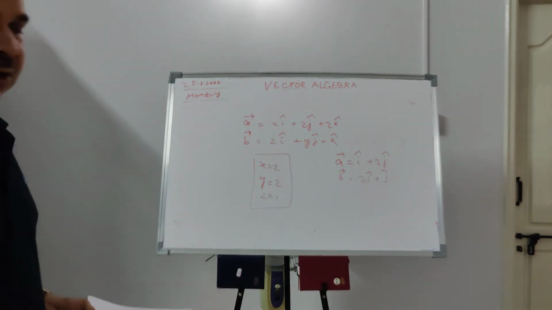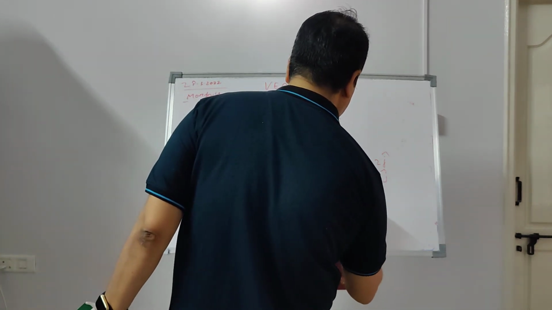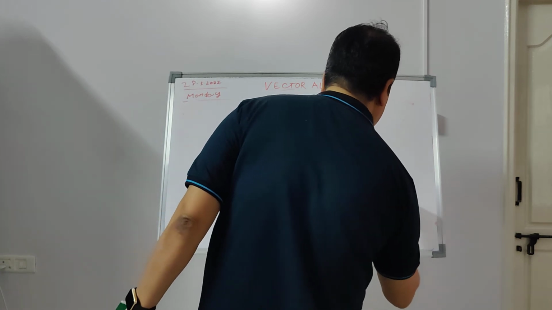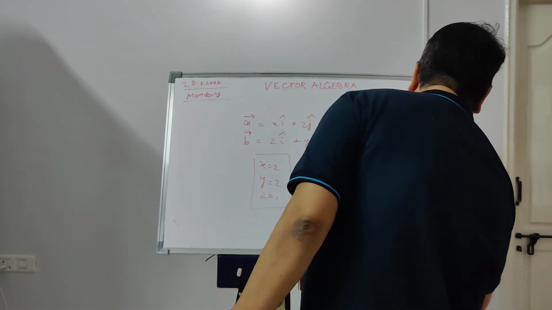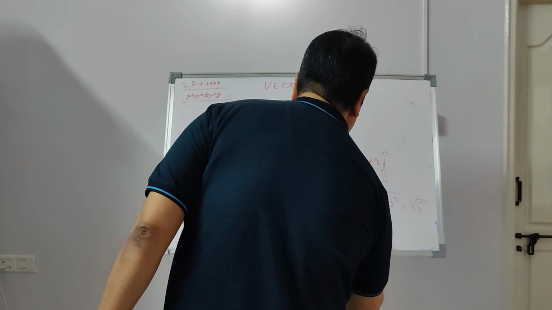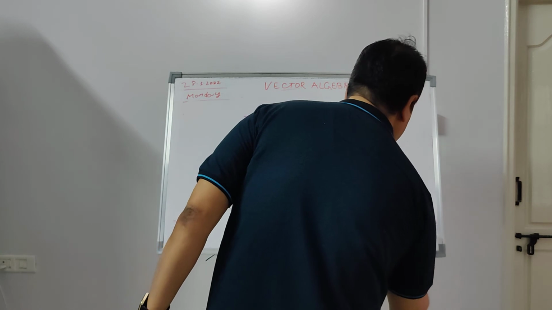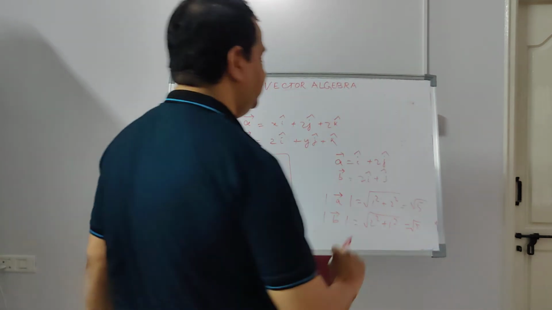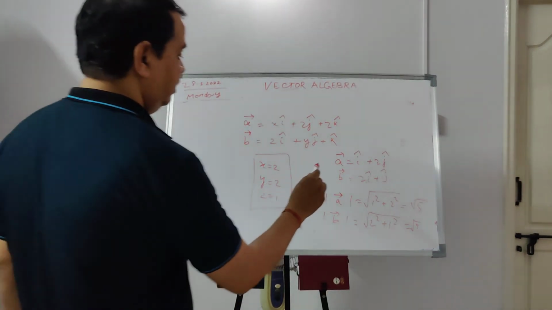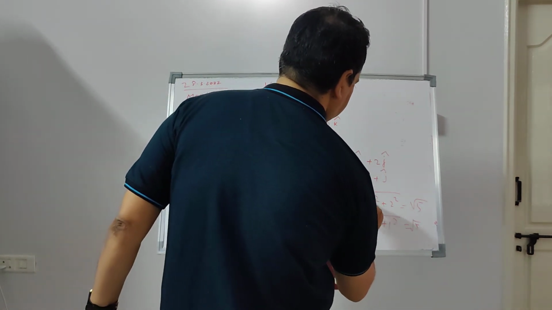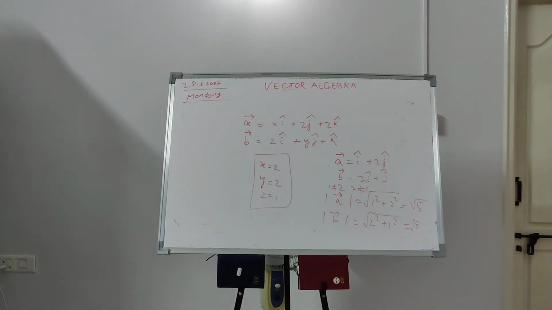The magnitude of A is the square root of 1 square plus 2 square, which is root 5. The magnitude of B is the square root of 2 square plus 1 square, which is root 5. So the magnitude is the same, but the direction is not the same, because 1 is not equal to 2 and 2 is not equal to 1. The coefficients of i and j are not the same for both these vectors. That's why these two vectors are not equal.